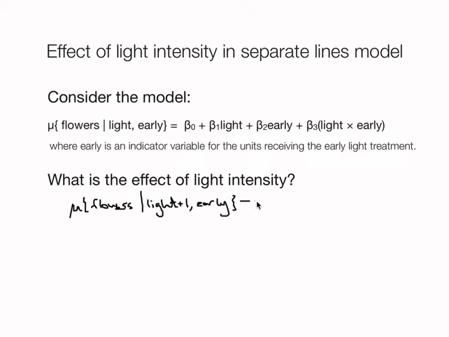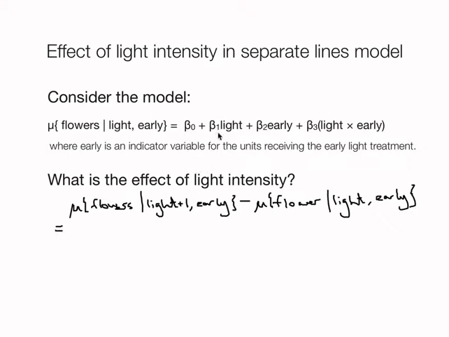And then I'm looking at the difference between that mean and the mean where light was its original value. So I'm going to write the mean number of flowers where light takes on its initial value, and again, early is just early. Okay, so that's the difference in means I'm interested in.